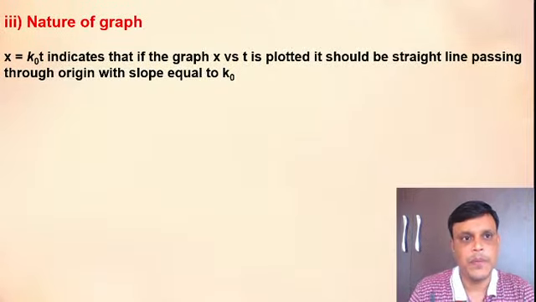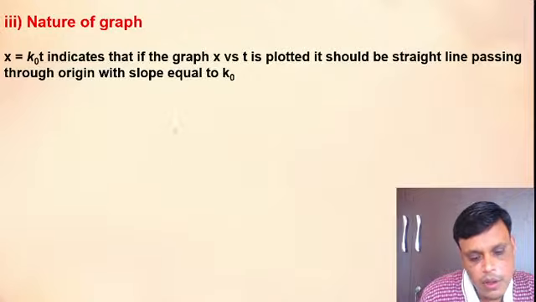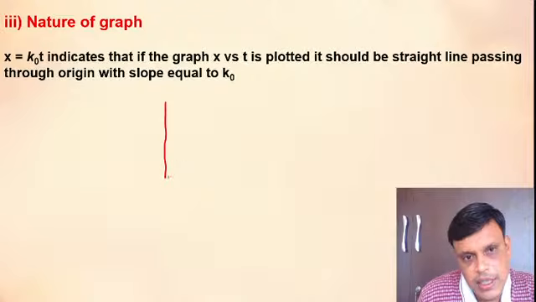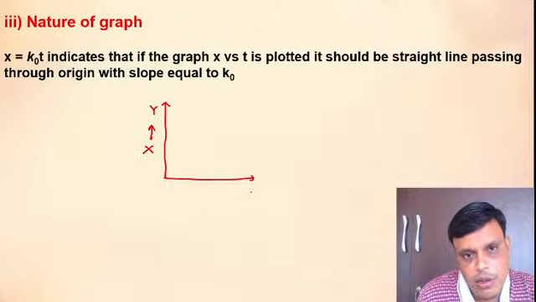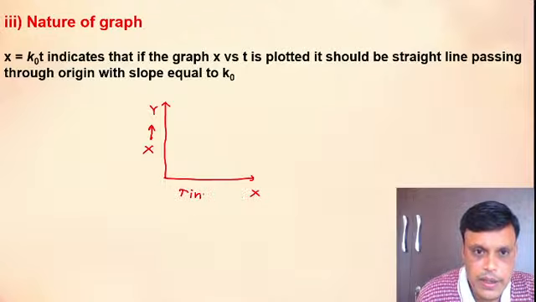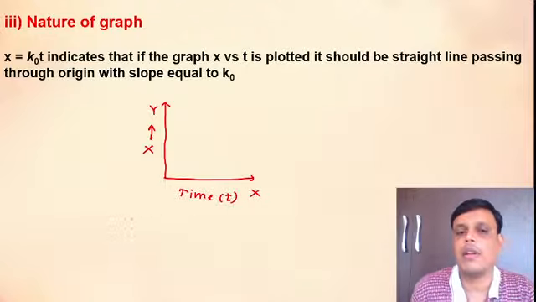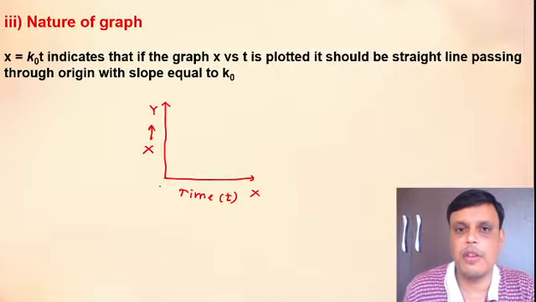For example, if we plot a graph of x versus t, we take x on the y-axis and time t on the x-axis. This is your graph of zero order reactions.